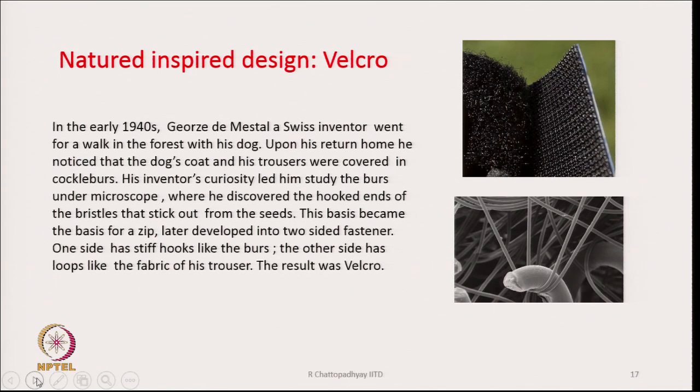Because it is hook type, it was getting entangled in the fur of the dog, or in his pant also, because from our pant there will be a lot of projecting fibers, it is basically a hairy surface. So, it was basically getting attached, and the mechanism of attachment was because these bristles had a hooked end.